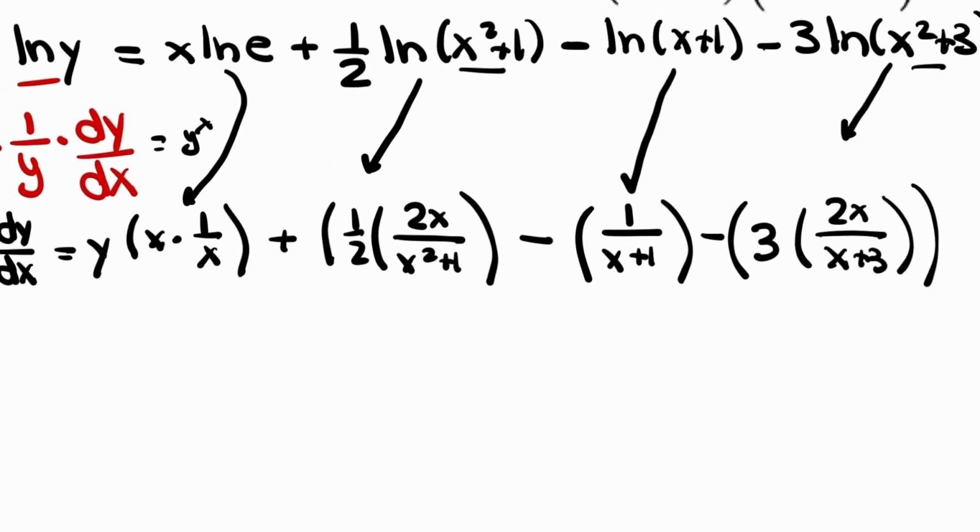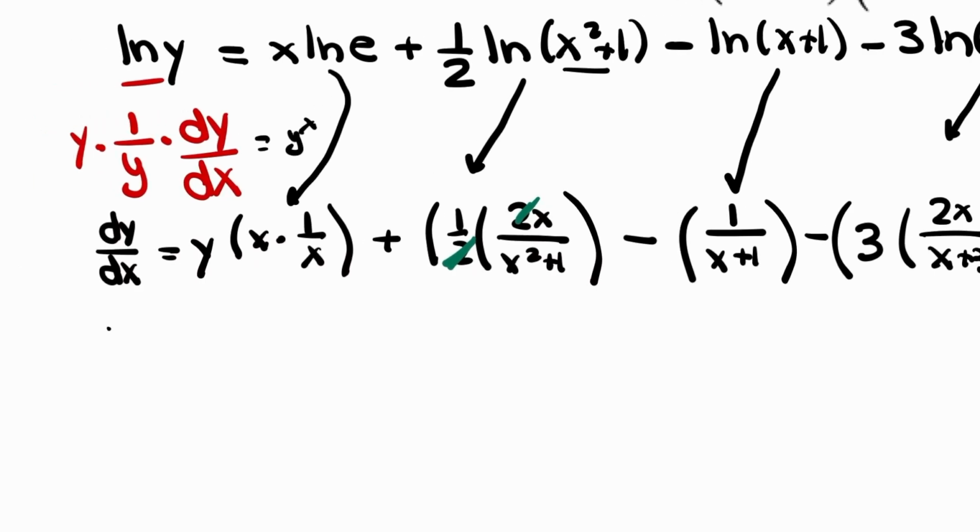Now what I'm going to do is go in and see, is there any place that I can simplify a little bit or cross things out? Is there anywhere that I can eliminate things? And there is. This 2 on the top of here can eliminate that 2 there. That gets rid of a fraction. So now we're going to simplify a little bit. So we have dy over dx is equal to our original function y. So now we have x over x, which is just equal to 1.